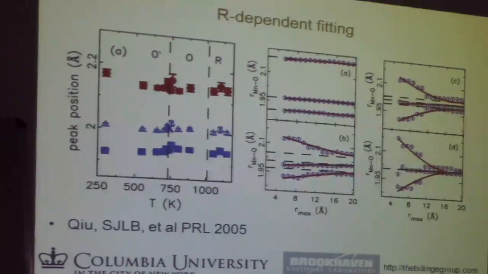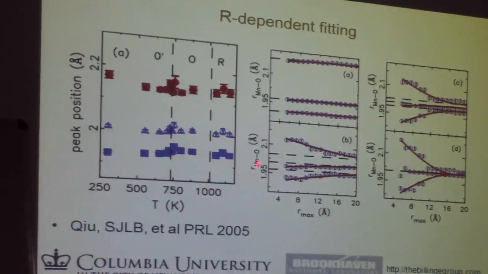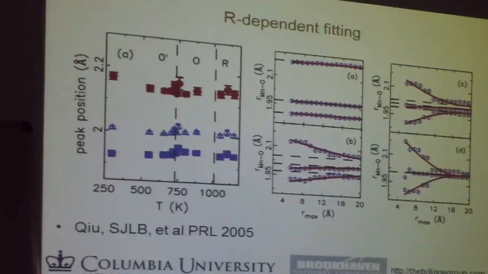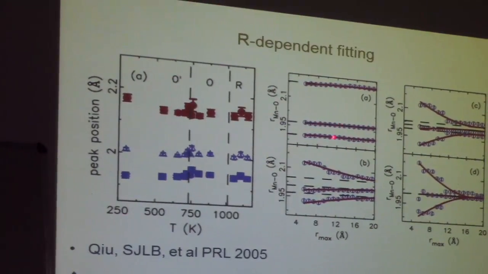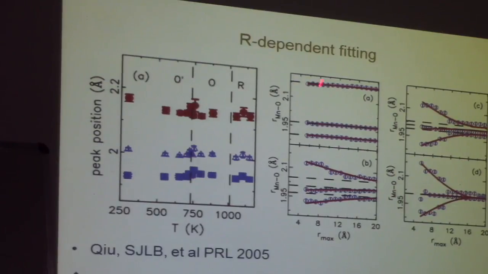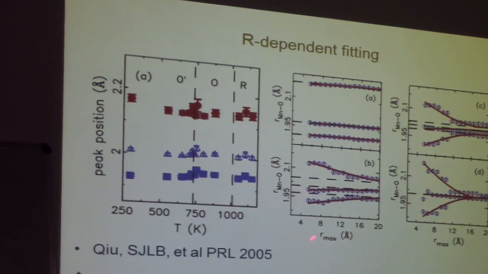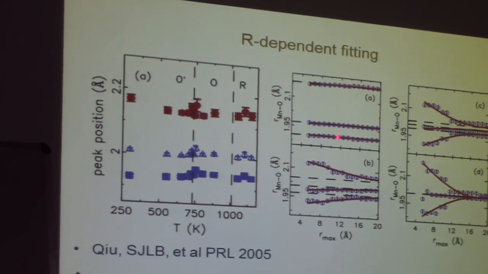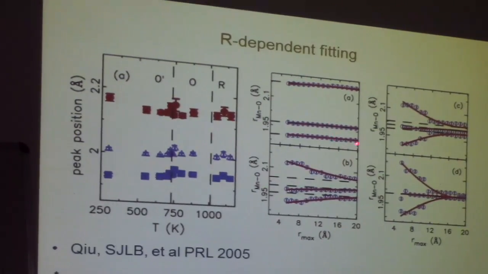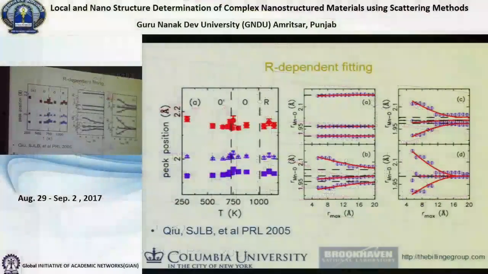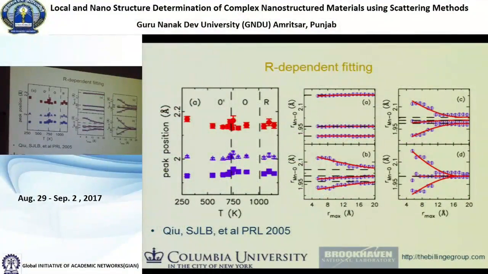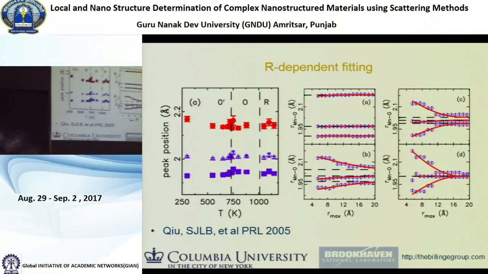So if you then plot bond length versus R max, we know that in the low temperature phase, which is fully ordered, at low R we have 4 short and 2 long, at medium R we have 4 short and 2 long, and at high R we have 4 short and 2 long. That's because this Jahn-Teller distortion is crystallographically long range ordered. So the Jahn-Teller distortions are all ordered.